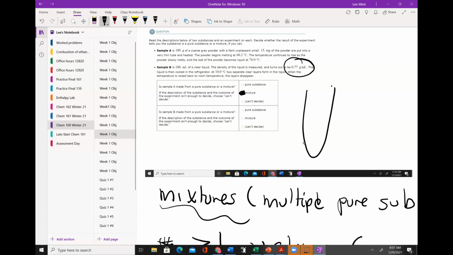So below 10 degrees Celsius, you end up with 2 layers of liquid. This one sinks to the bottom because it is more dense. This one floats on top because it is less dense, kind of like what happens with oil on water. So you have 2 substances present with 2 different densities.